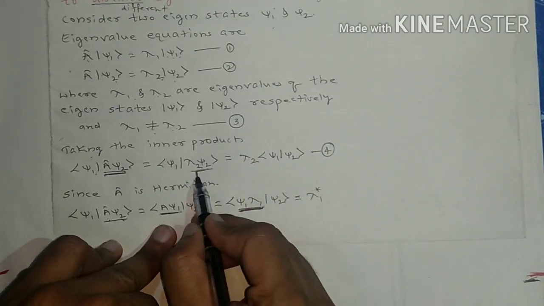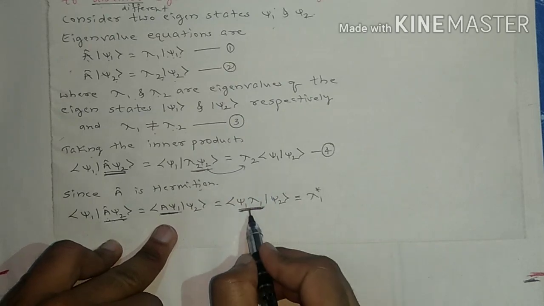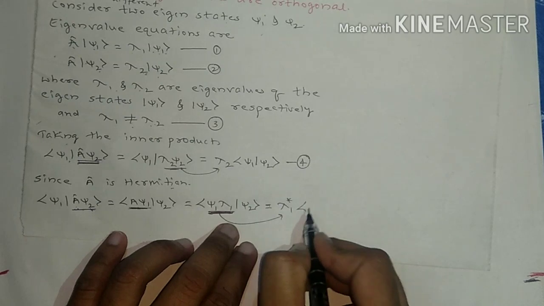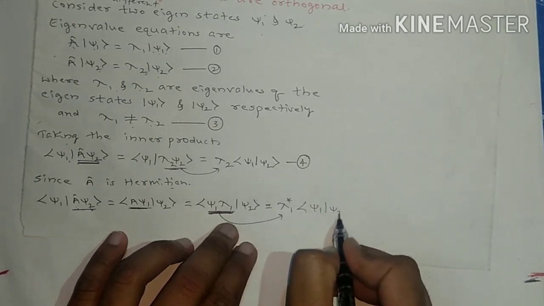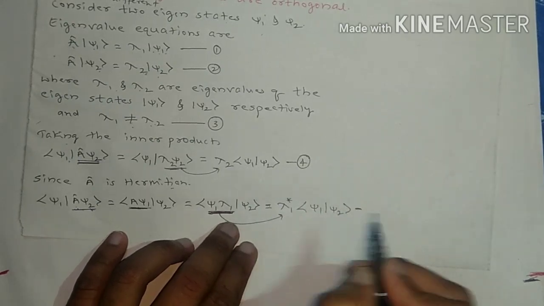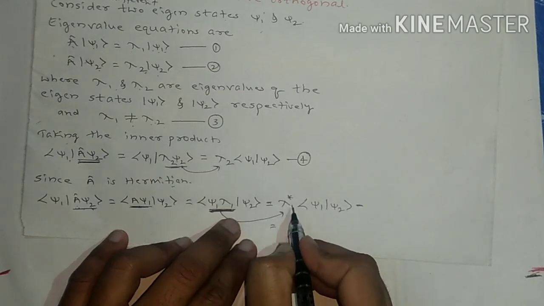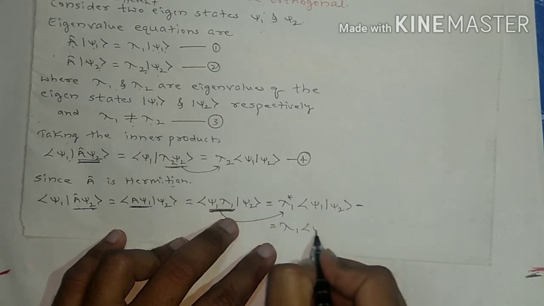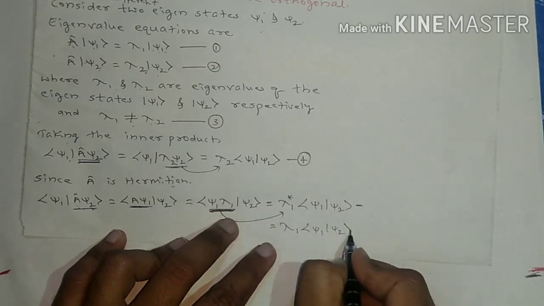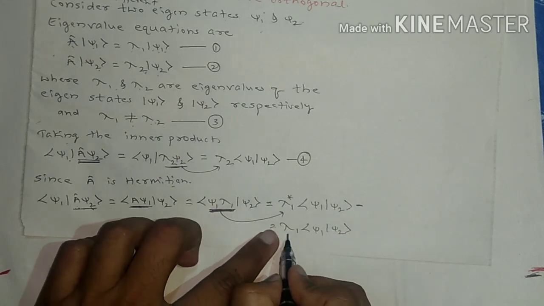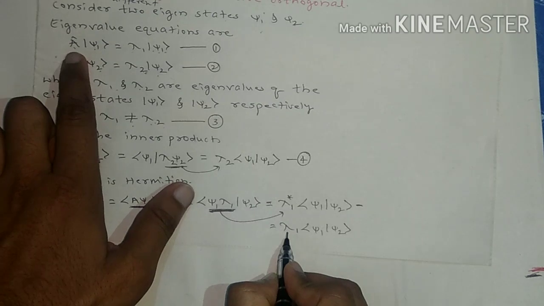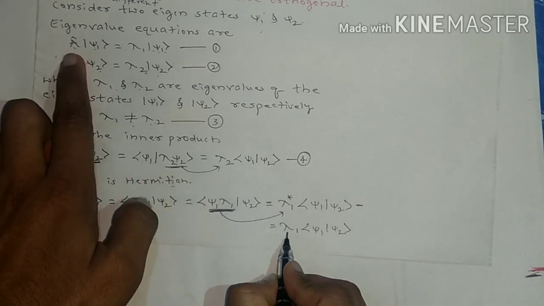Taking out from a ket, we directly write lambda 2, but when taking out from a bra, we write lambda 1 star. So what remains here is the inner product of psi 1 and psi 2. Lambda 1 star can also be written as lambda 1, because lambda 1 is an eigenvalue of a Hermitian operator A. In the previous theorem we have seen that the eigenvalues of a Hermitian operator are real.